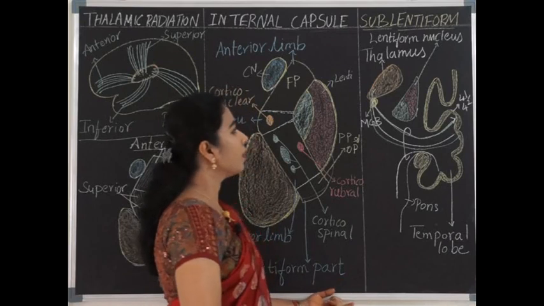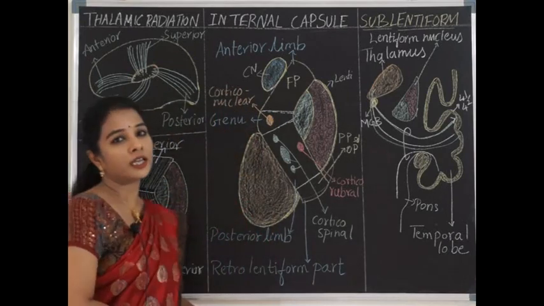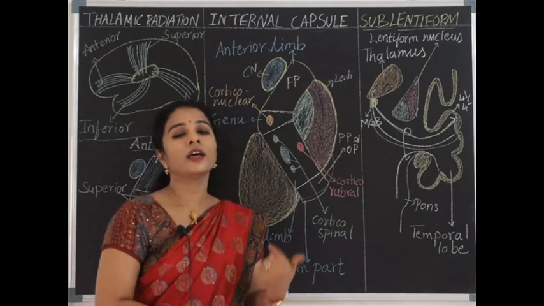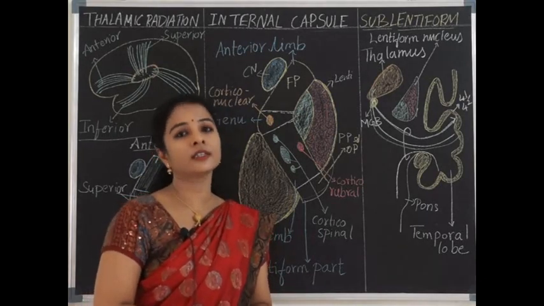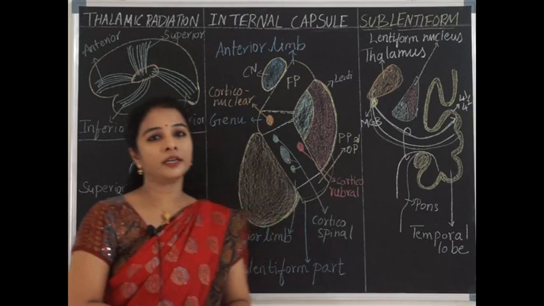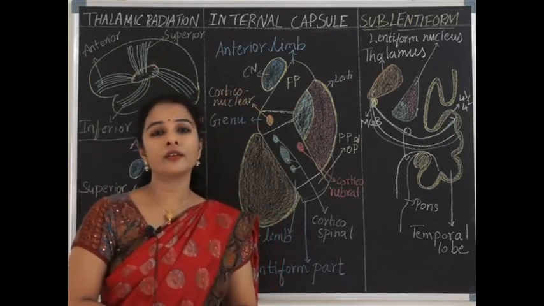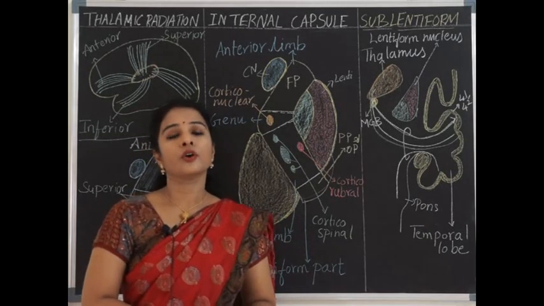So let's see about the descending fibers. The descending fibers of the internal capsule are motor fibers, and they are again classified into pyramidal and extrapyramidal tracts. So we shall begin with the pyramidal tracts. Pyramidal tracts are of two types, corticonuclear fibers and corticospinal fibers.